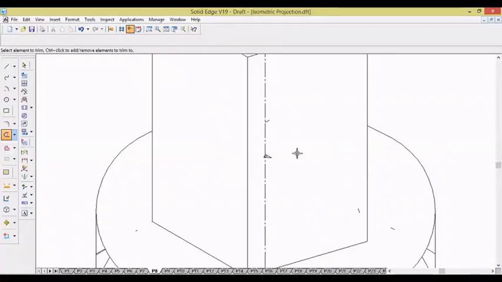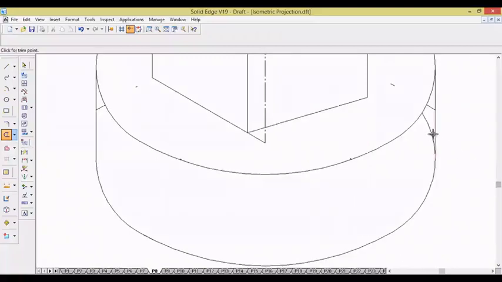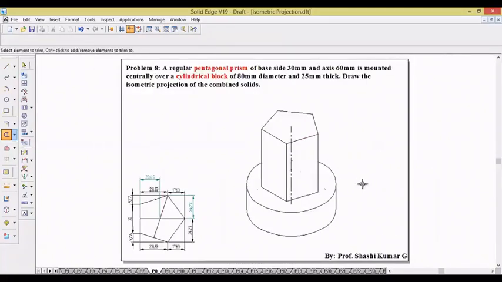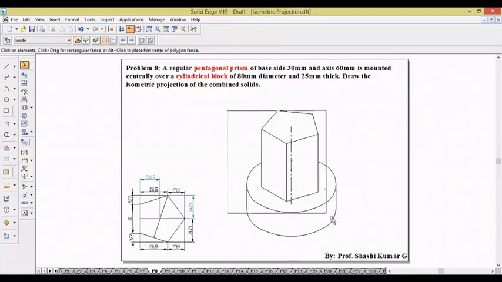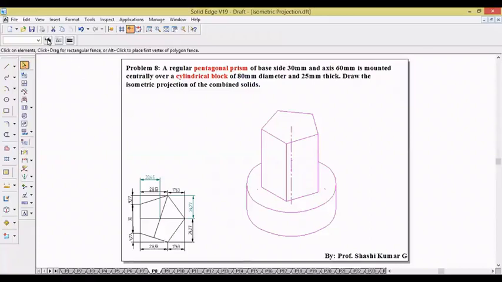So this is the combination of pentagonal prism and the cylinder. Some part of this ellipse also we need to remove. So this is the isometric view of the combination of solids.